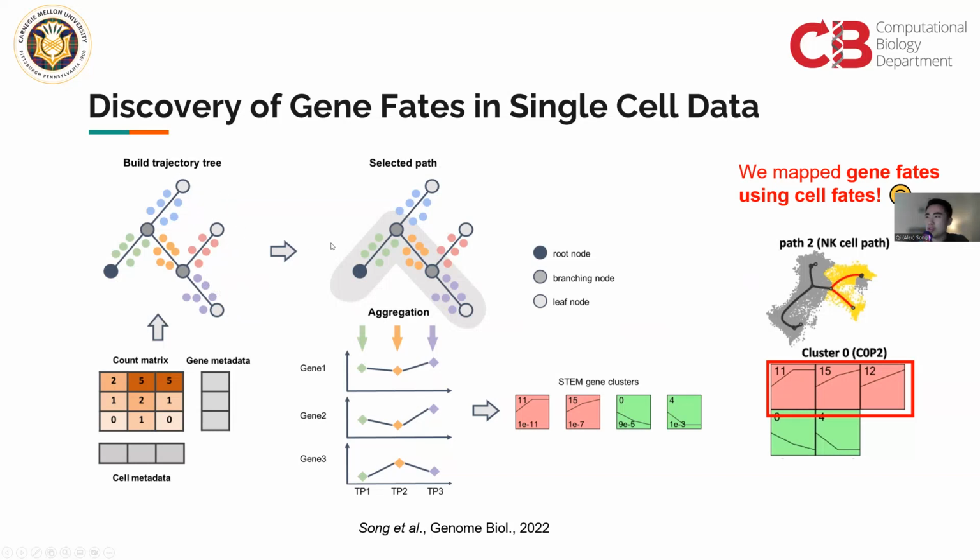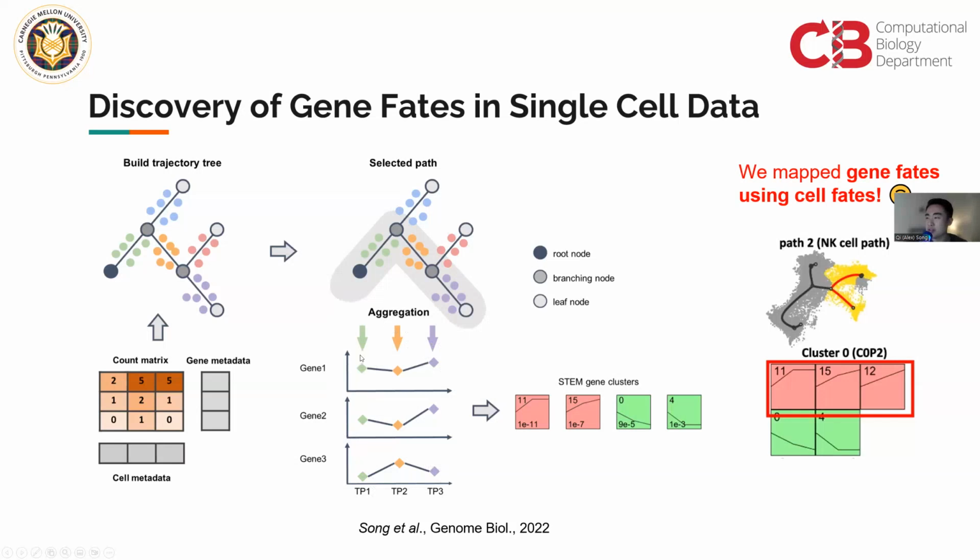Based on this, we can select a certain path or branch from the tree. Then we map the cells back to the trajectory tree, aggregate the gene expressions and extract the expression patterns from the selected path.